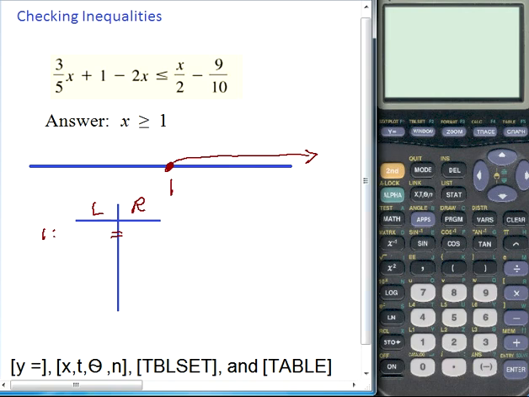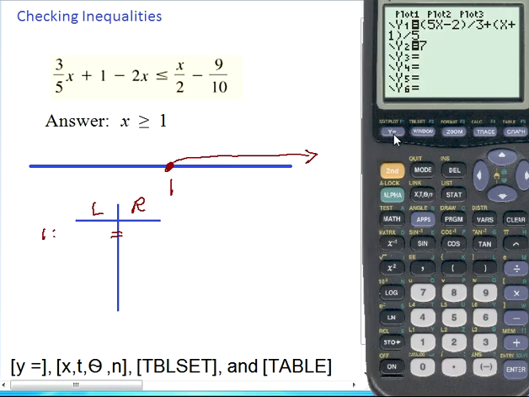And the buttons we use, again, are written on the bottom here. We're going to start by turning it on, and we start with the y equal key, and let's clear out what's in there. And then for y1 we'll put the left side, which is 3/5 x plus 1, identically as it is there, minus 2x.